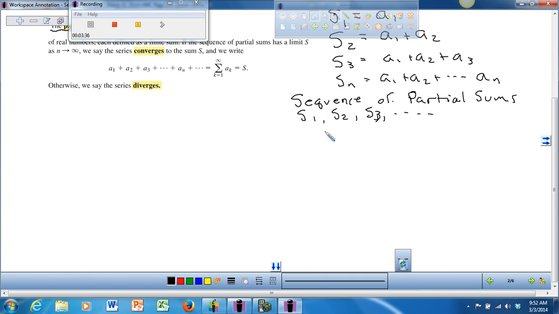And this sequence is where we tie into the last chapter, where we found out if sequences converge or diverge. So if the limit of the sequence of partial sums as n approaches infinity of s sub n equals a number, then the series converges to that number.